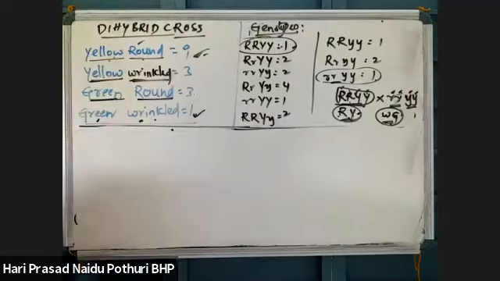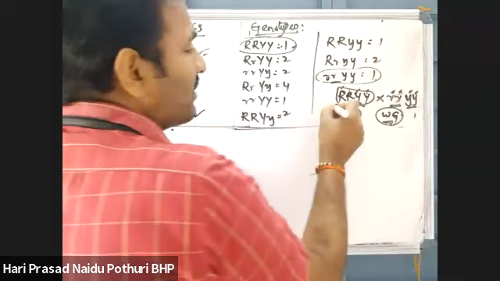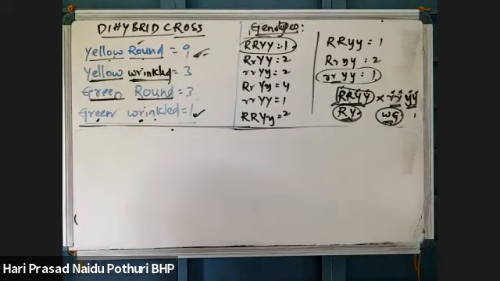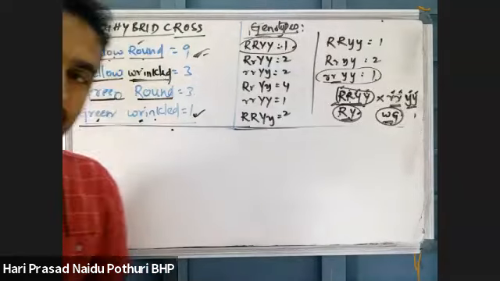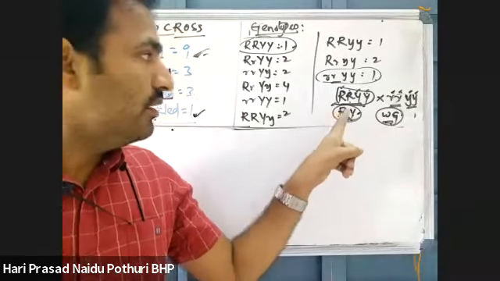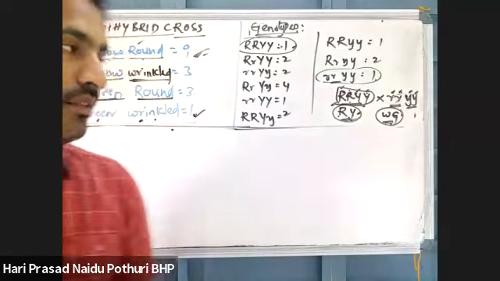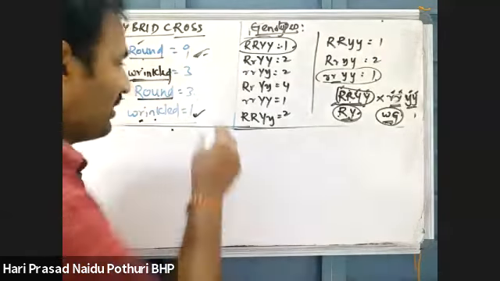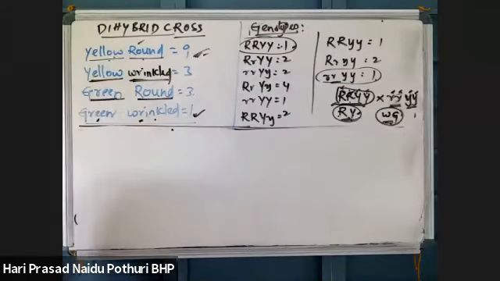Okay, then what is the ratio of F2 progeny that resemble any one dominant character, one character of one of the parents?